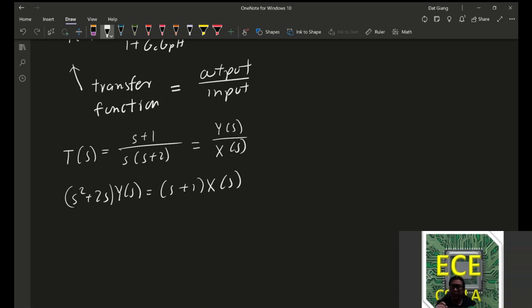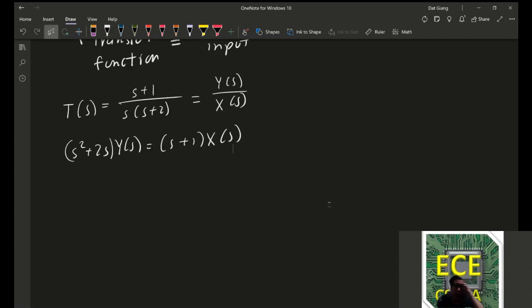Now, I won't discuss the property that I've used here, since it is in the realm of Laplace, but take it for granted that the result becomes the following: d squared y divided by dt squared plus 2 dy dt equals dx dt plus x of t.